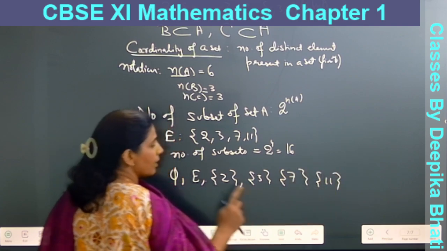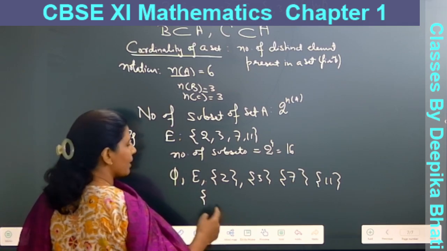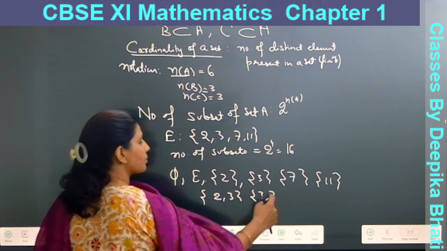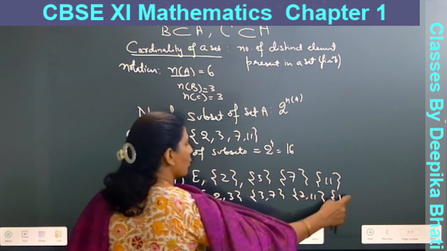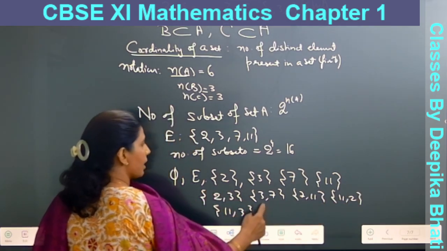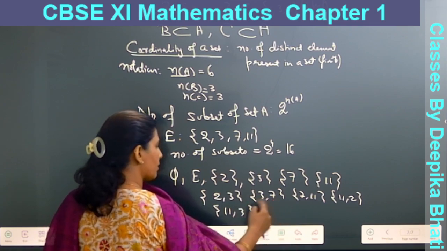Then we have sets with 2 elements, generally called doublets: 2, 3; 3, 7; 7, 11; 11, 2; 11, 3; 3, 7; 7, 2.